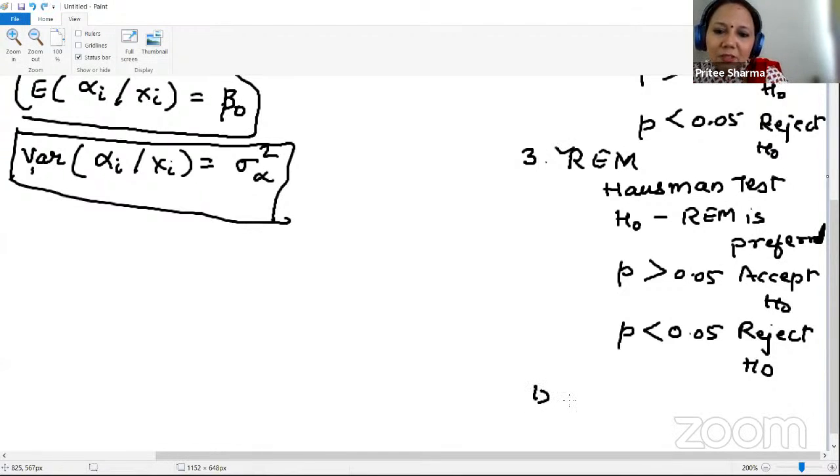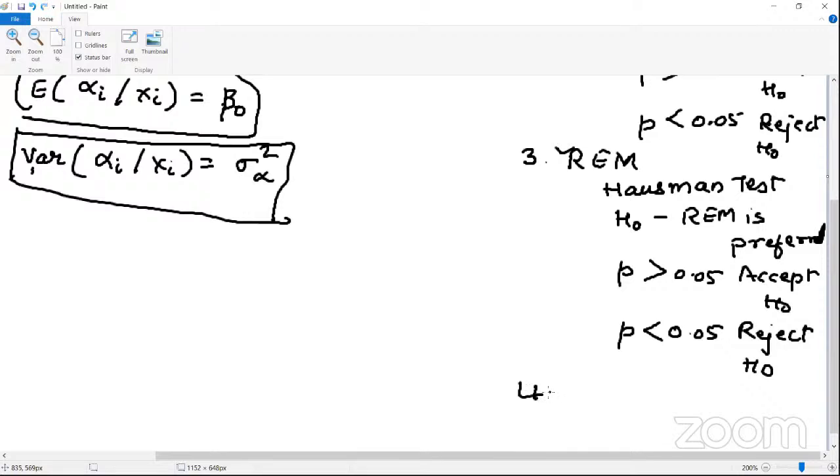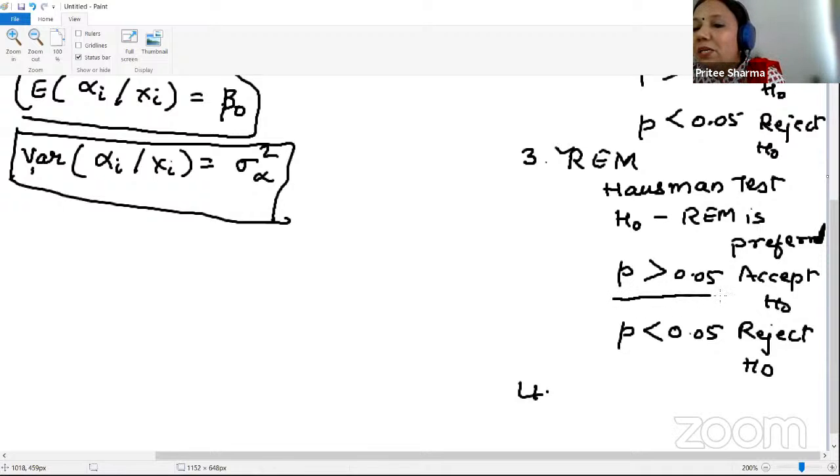Sorry ma'am, I have a little confusion here. If the p-value is less than 0.05, then we accept the null hypothesis, or greater than 0.05? If p is greater than 0.05, then we accept the null hypothesis.